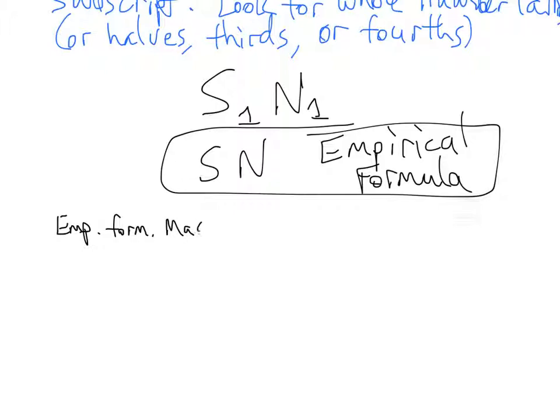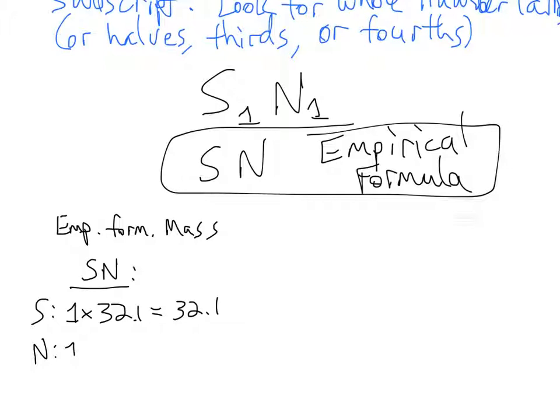So if you know the empirical formula, just find that mass as though it were the molar mass in any other problem. So looking up sulfur's atomic weight, it's 32.1. Nitrogen's is 14. Add them together and you get 46.1 grams per mole. That's your empirical formula mass.